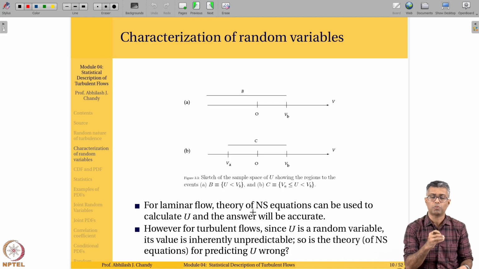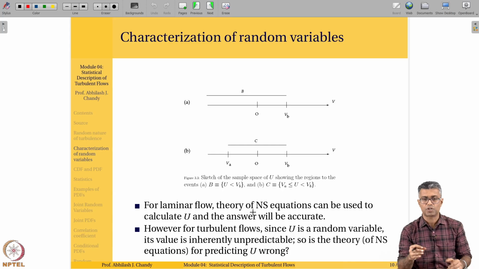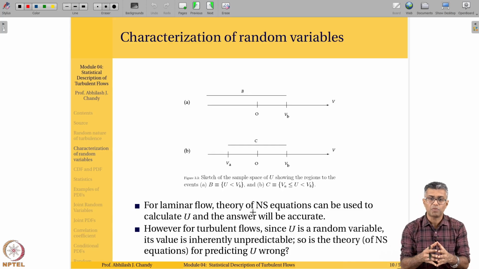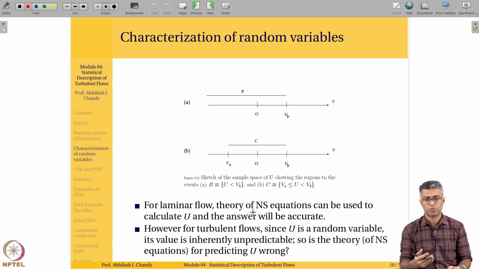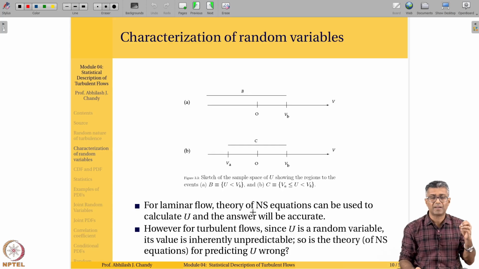We'll look at what probability means, and that will take us to the cumulative distribution function, which will tell us what the probability of an event is. Then we will look at the PDF, which is the derivative of the cumulative distribution function.